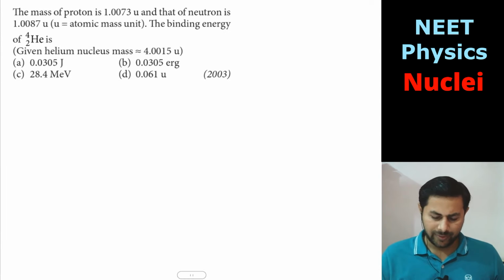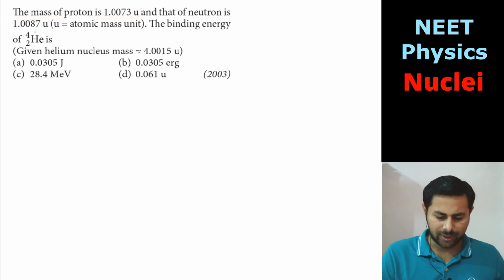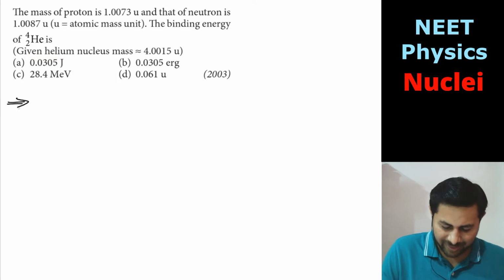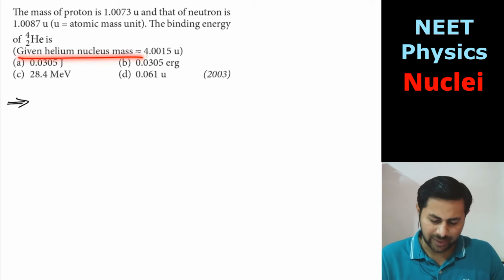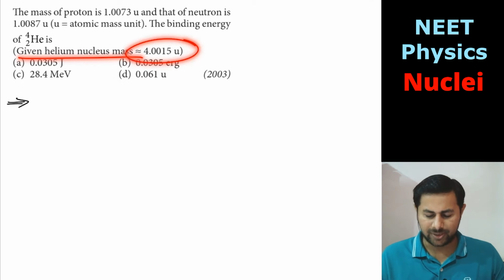Let's see next one. The mass of proton is this much and that of neutron is this much. The binding energy of He is. So again, same kind of question. Questions are repeated in this one, meaning the questions are of the same type. Tell me what would be its binding energy given that helium nucleus mass is this much.